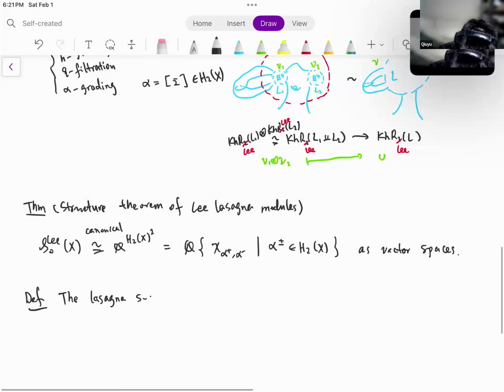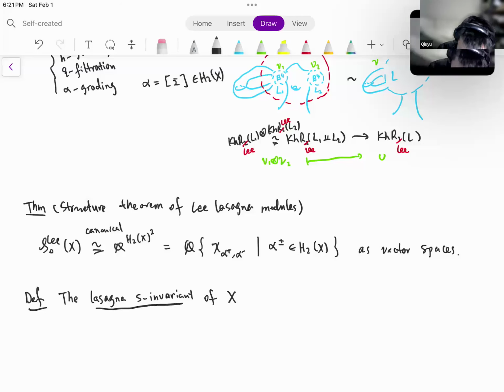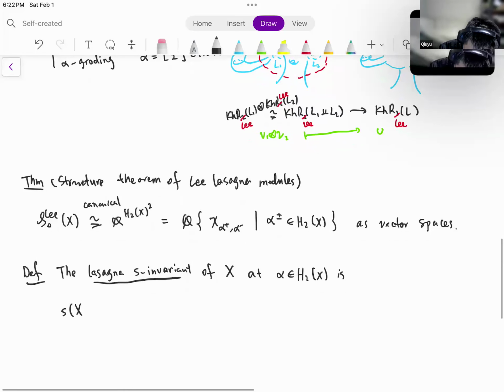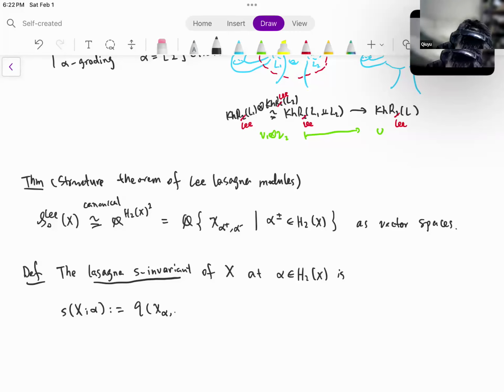The lasagna s-invariant of X at a certain second homology class alpha, denoted s(X; alpha), is defined by the quantum filtration degree of a certain generator in my Lie skein lasagna module. This generator is x_{alpha,0}.